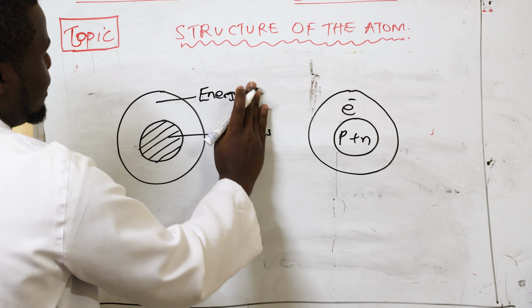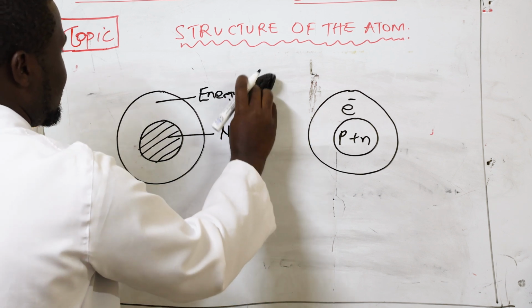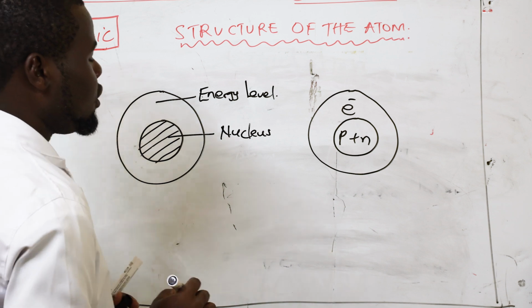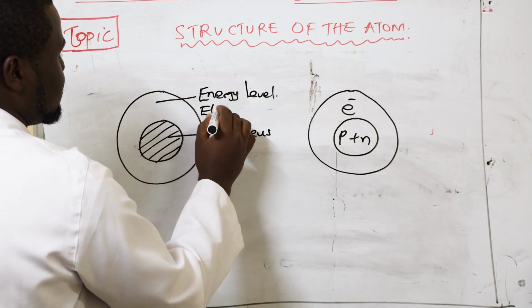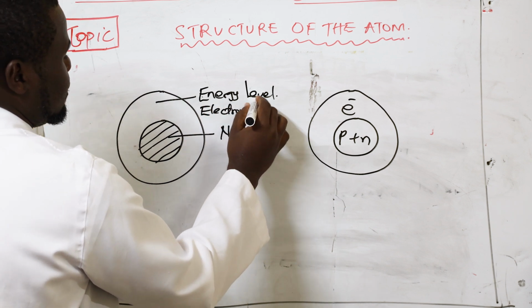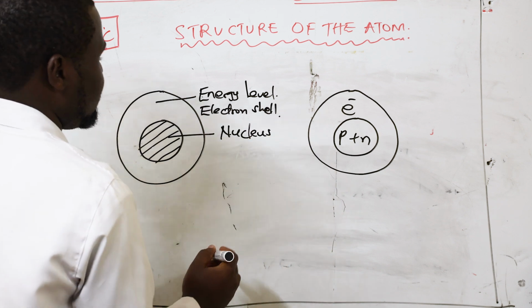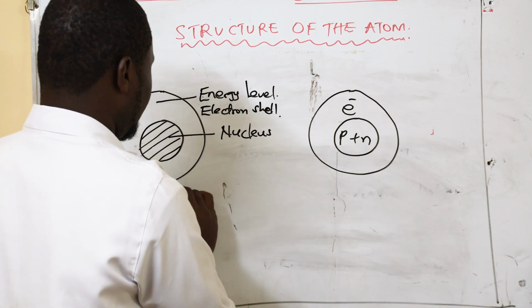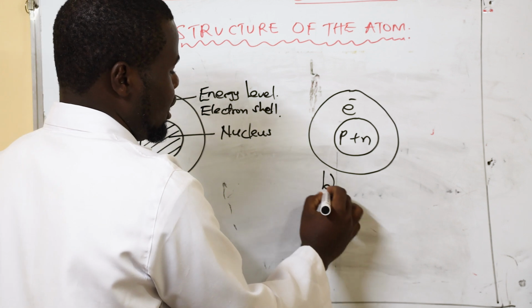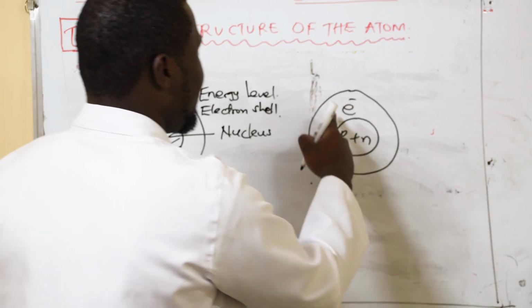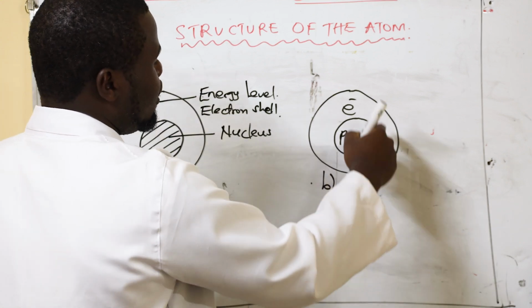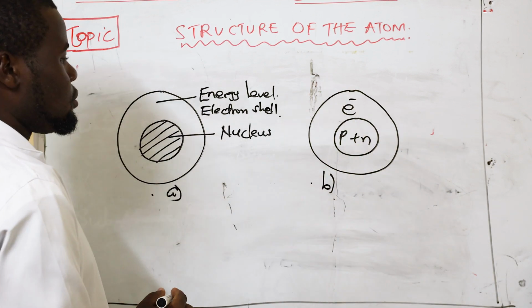Energy level, or electron shell. Now, if you look at the second diagram here, I'll name them A and B. We have the subatomic particles distributed within the structure of an atom.